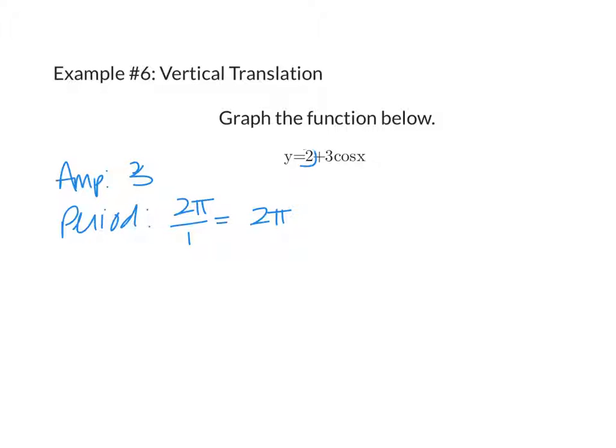However, because I have this 2, my range is not from -3 to 3, as it normally would be. Since the 2 has been added, I have to add 2 to both endpoints of my range. So -3 plus 2 gives -1, and 3 plus 2 gives 5.